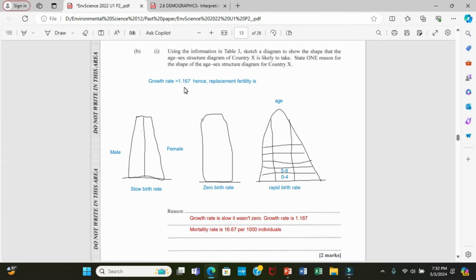For example, if the population is 120,000 people this year, and after a period it is the same 120,000, when they check the birth rate again it's the same, and when they check the population size it is the same 120,000, then that means the growth rate would be 0, meaning no growth in population size. But you look at this growth rate that we have, 1.167. It means that births actually increased.